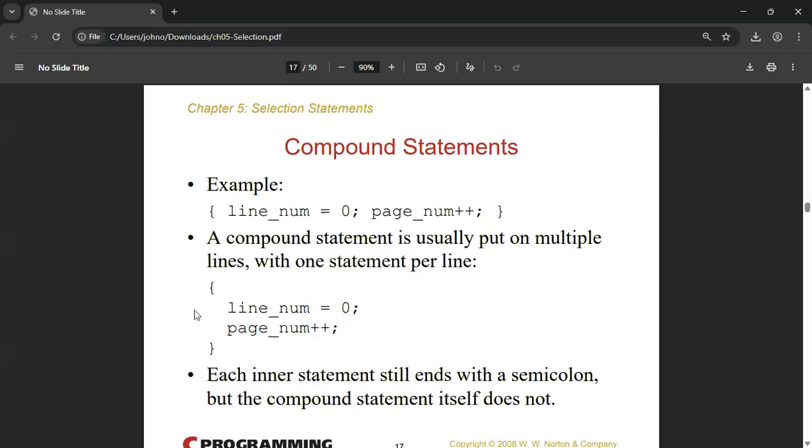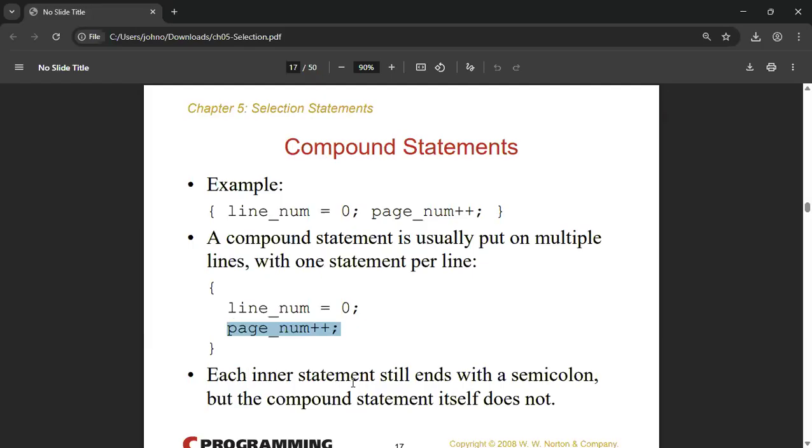Why? Because we don't care. We can put semicolon, as semicolon already tells the compiler that we have come to the end of this idea. So after this semicolon, anything it sees here should be considered as a new idea. So we can put everything on a single line. A compound statement is usually put on multiple lines with one statement per line. I mean, it's what you like.